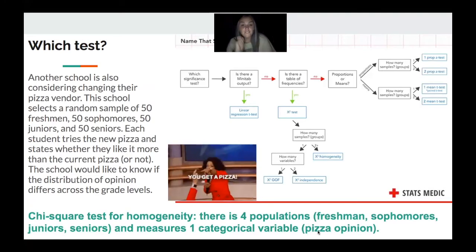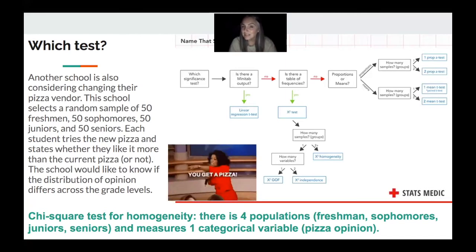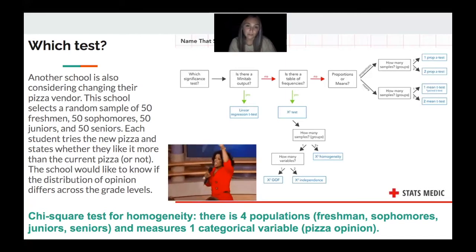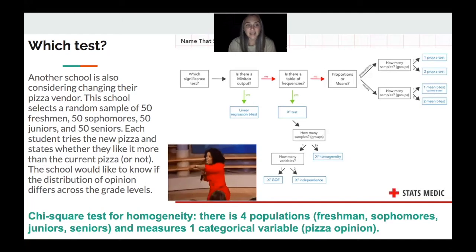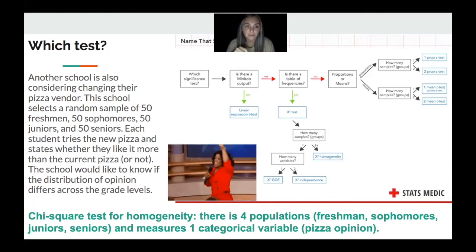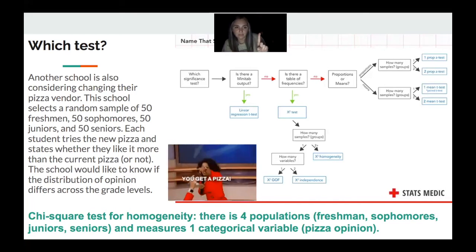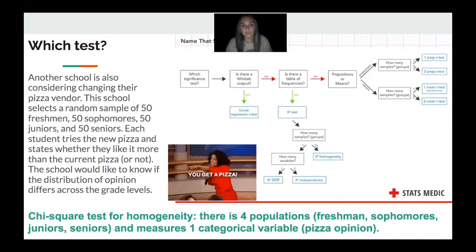All right, welcome back. I hope you said homogeneity. So this is very similar. In fact, you're pulling the same information, you're stratifying your sample, right? It just said a random sample of 50 freshmen, 50 sophomores. So now you've got a sample of sophomores, freshmen, juniors, and seniors, and so on and so forth, okay?